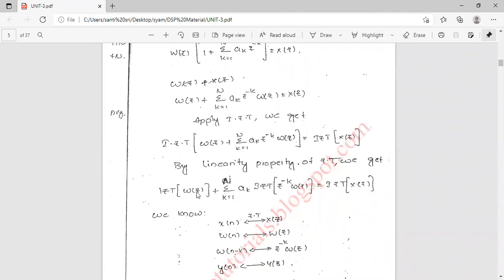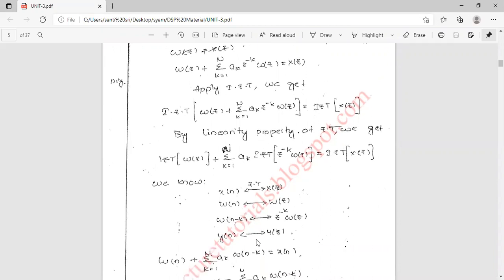Inverse z transform of W of z is nothing but w of n, right? W of n minus k, this is the shifting property: z power minus k into W of z, and inverse z transform of Y of z is y of n.